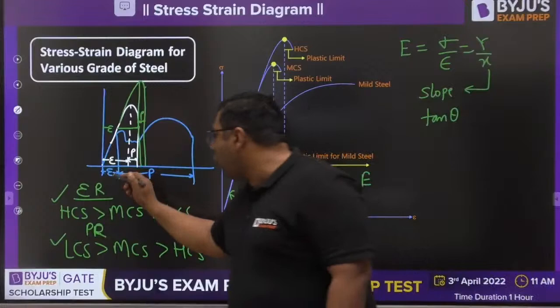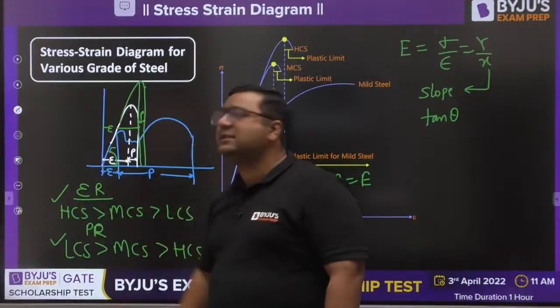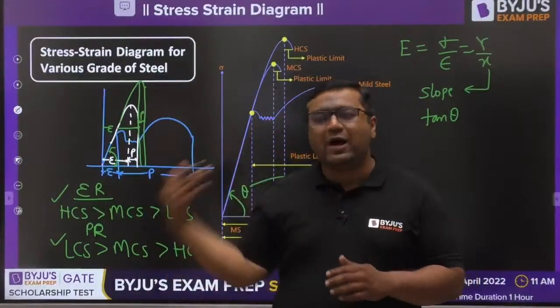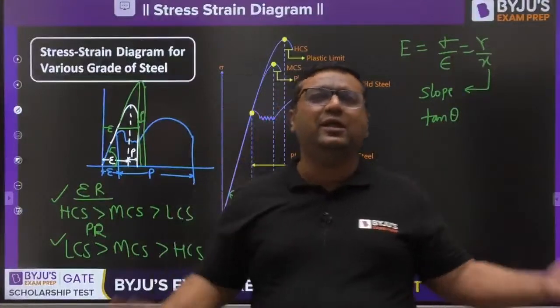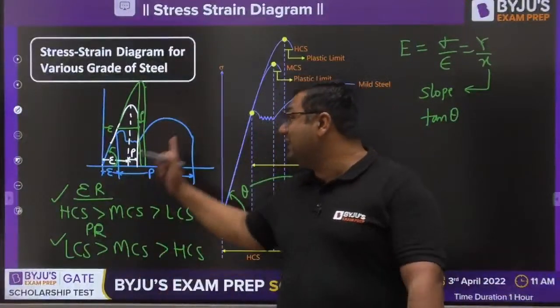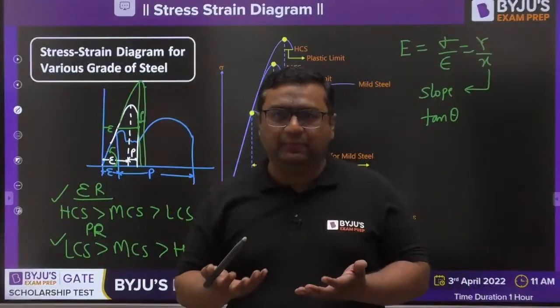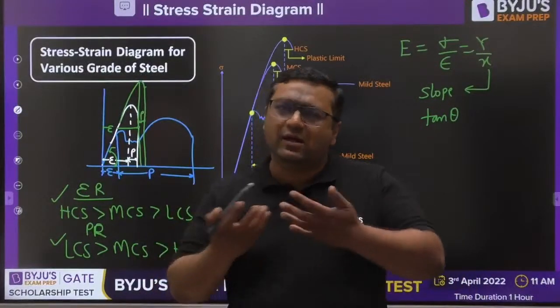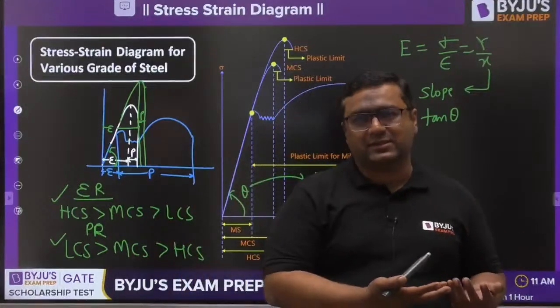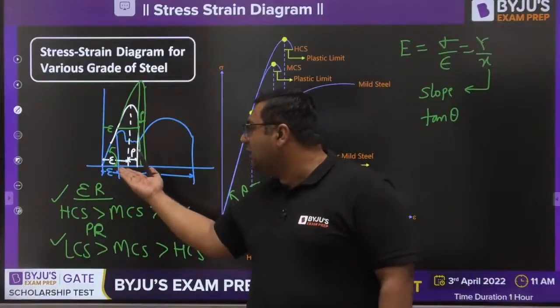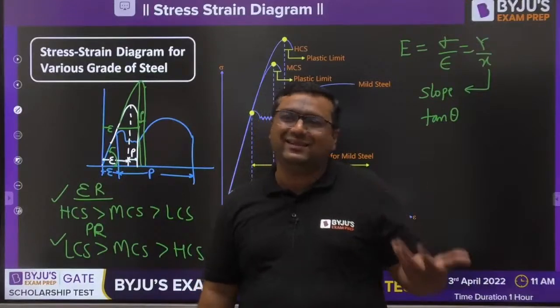So if you see, for all the grades of steel, Young's modulus is the same. Young's modulus of low carbon steel, medium carbon steel, high carbon steel is going to be the same. But you can see their elasticity is different. Many students get confused. They feel elasticity depends upon Young's modulus. But my dear, in the case of steel, Young's modulus is the same, but their elasticities are different.